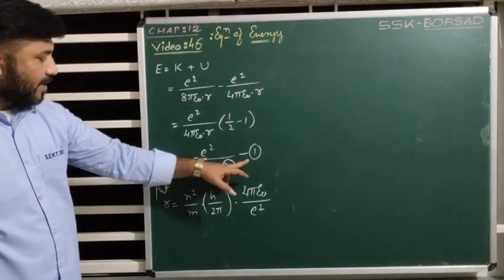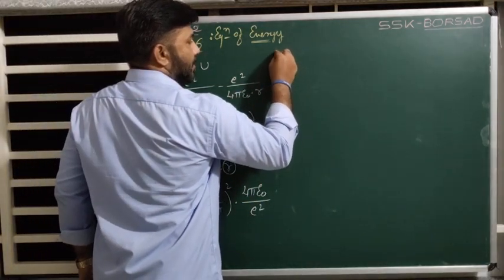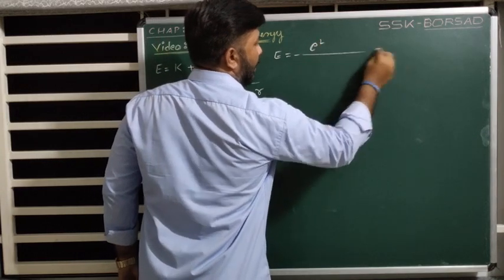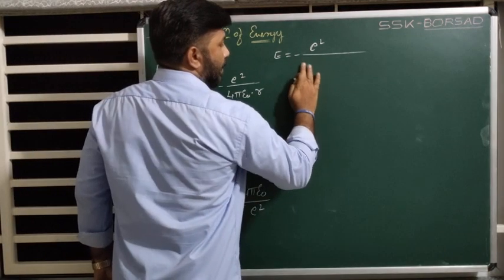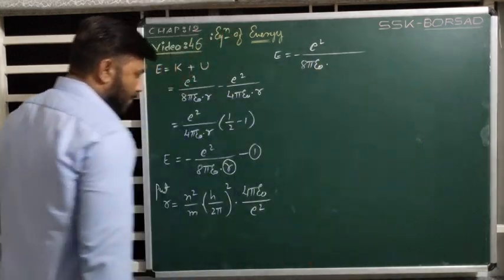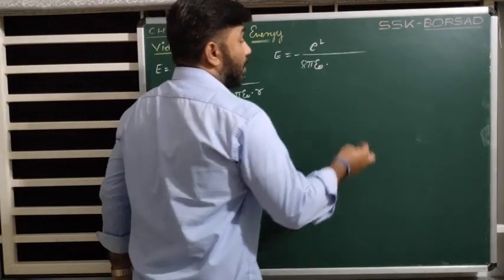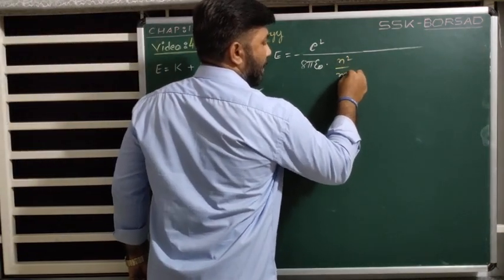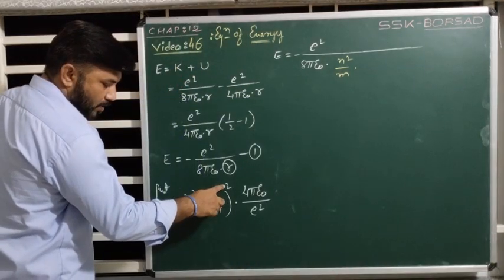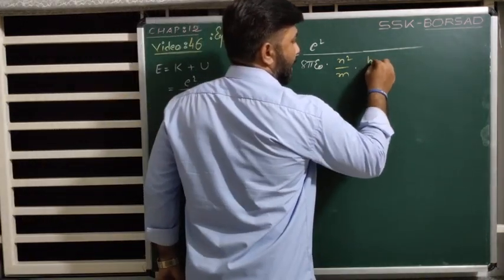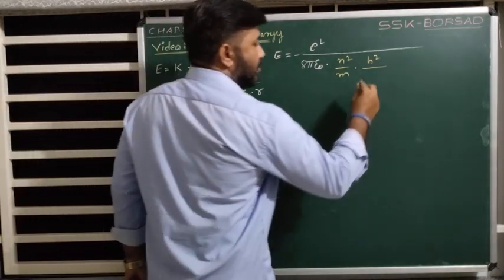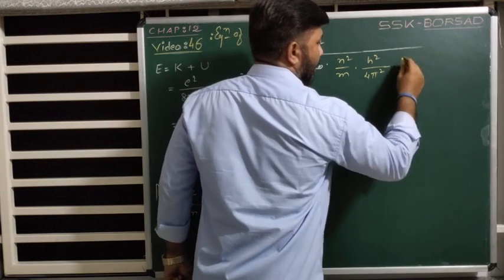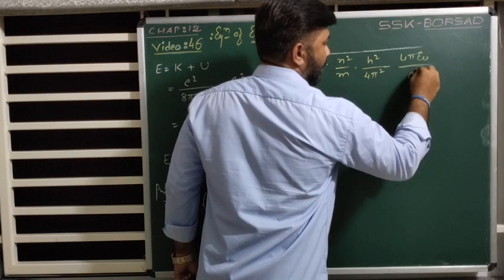So in equation number 1, E is equal to minus e square upon 8 pi epsilon 0 multiplied by r, and for r I put n square upon m multiplied by h upon 2 pi whole square, that means h square upon 4 pi square, multiplied by 4 pi epsilon 0 divided by e square.